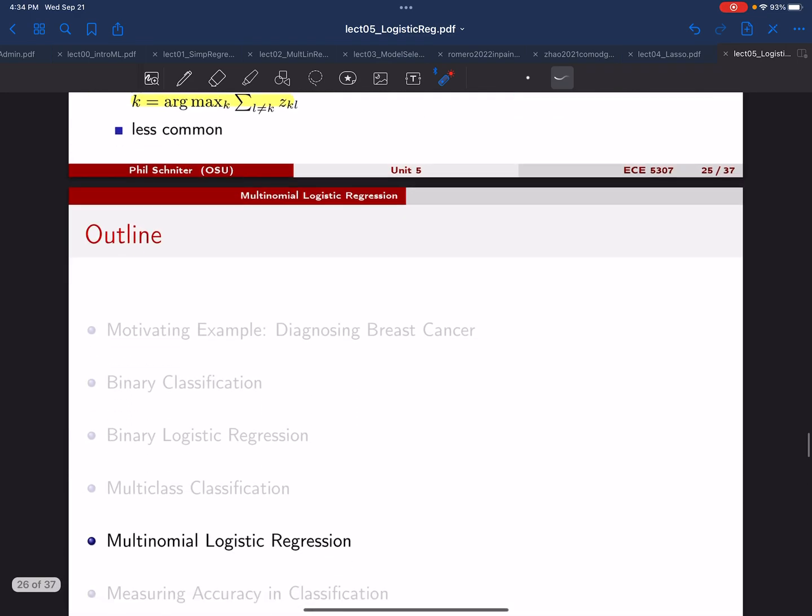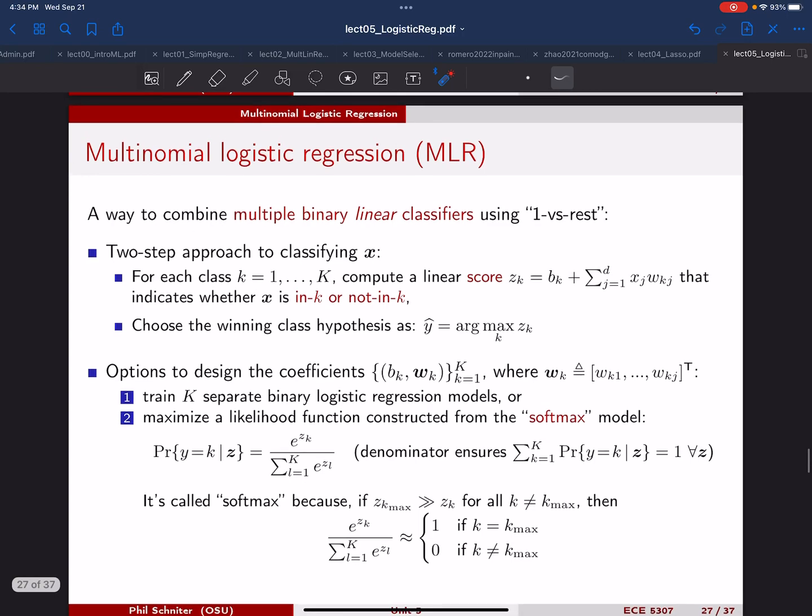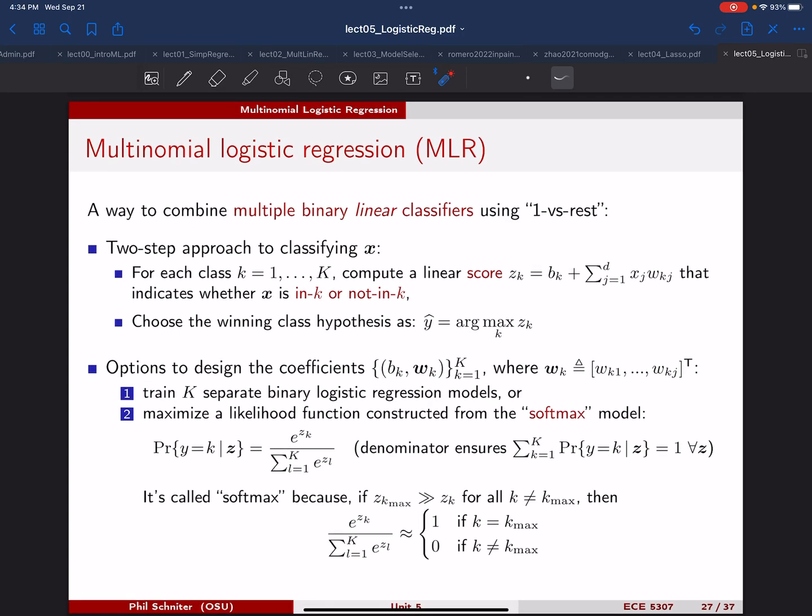Okay, so let's go in a little bit more depth here. If we're talking about, again, linear classification and logistic regression, we can put these ideas together. So we want to train multiple binary linear classifiers with 1 versus rest. There's basically 2 steps here. The first step, as usual, is to compute scores. The second step is to quantize those scores.